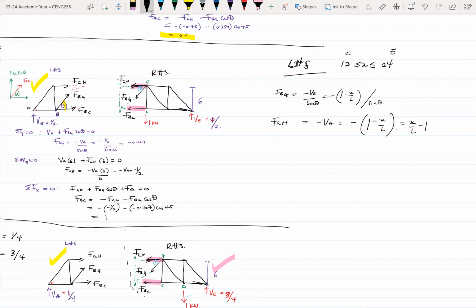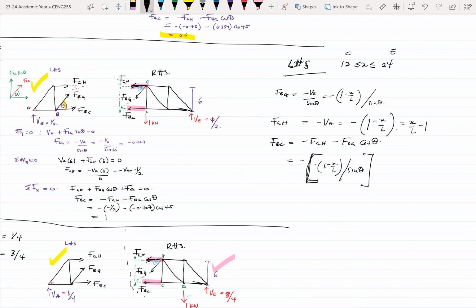Then our FBC is minus FGH minus FBG cos theta. So this becomes minus into brackets minus. This is quite an interesting equation to write, so let me do the big brackets. Minus, minus 1 minus x over L divided by sine theta.